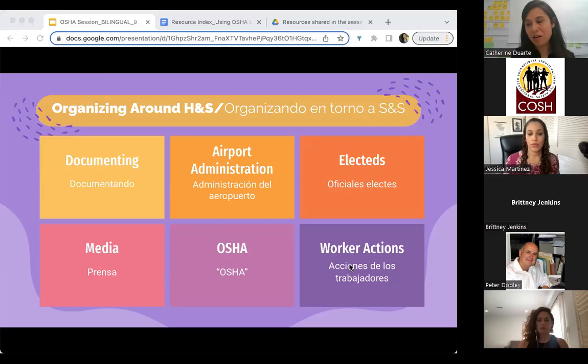And what I can also say about this process with OSHA is that it was a way in which the workers were able to see their power in organizing themselves to take action around health and safety, to learn about their rights, to go to OSHA, to present their claim and talking to the media, etc. It's something that helped inspire, empower the workers around that.